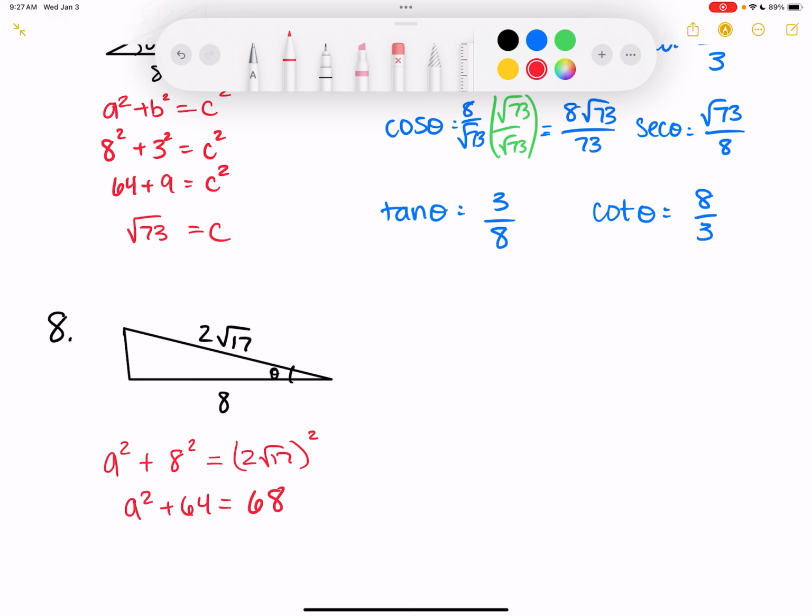So then subtract 64, a squared equals 4, so a equals 2. So my other side length is going to be 2. Then I'm going to set up just like I did up here.